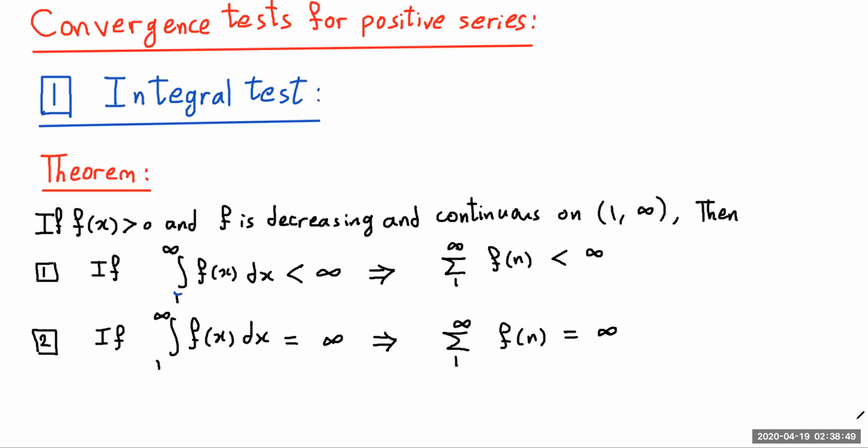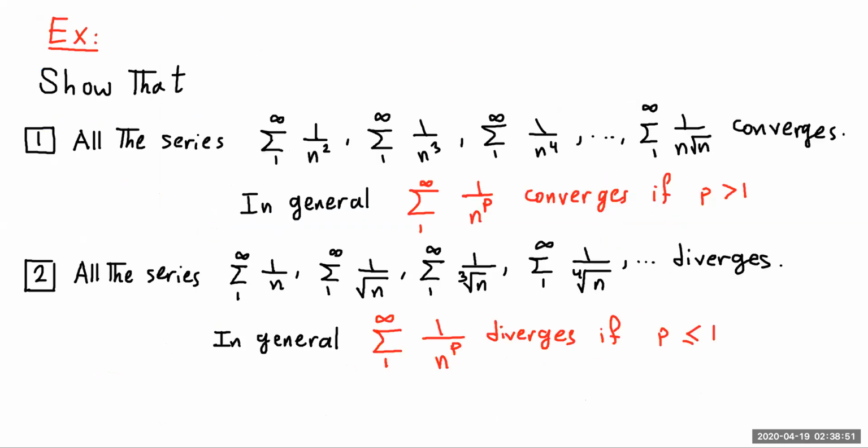Let's take some examples. Exercise. We can consider this exercise as a theorem and use it in the next tests. Show that all the series 1 over n^2, 1 over n^3, 1 over n^4 converge. The numbers 2, 3, 4 must be bigger than 1.